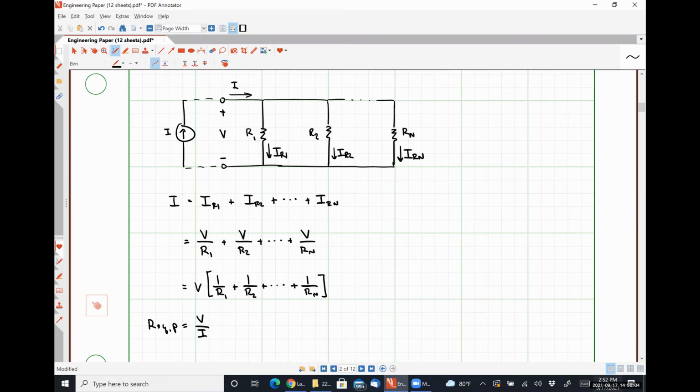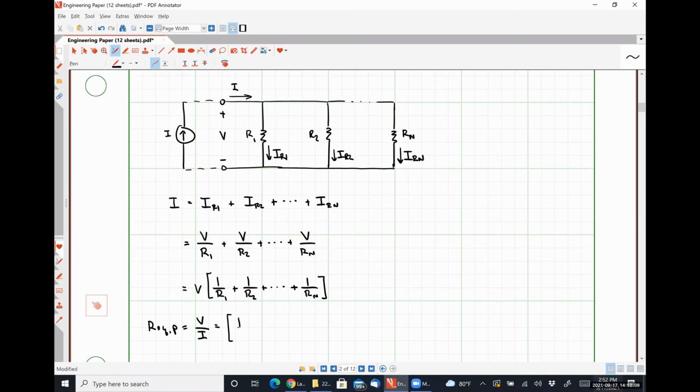And in this case, that looks like the inverse of the sum of the inverses.